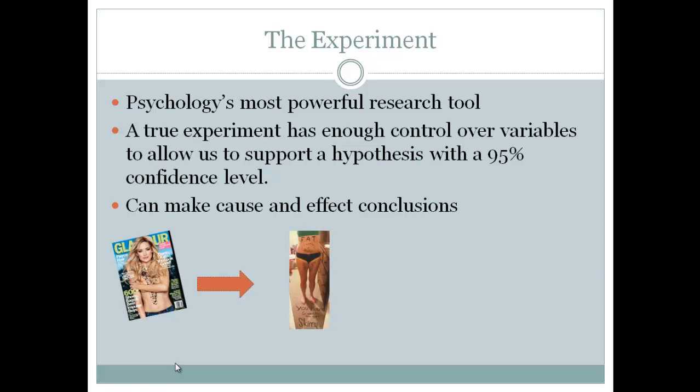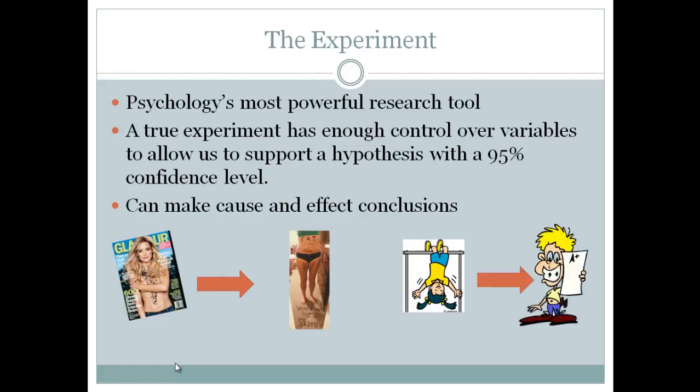In other research methods, remember, we can't do that because we don't have control. Or we might say that exercise can cause you to be smarter. Now, we're not going to talk about those specific experiments, but these are conclusions that the experiment might allow us to be able to make.